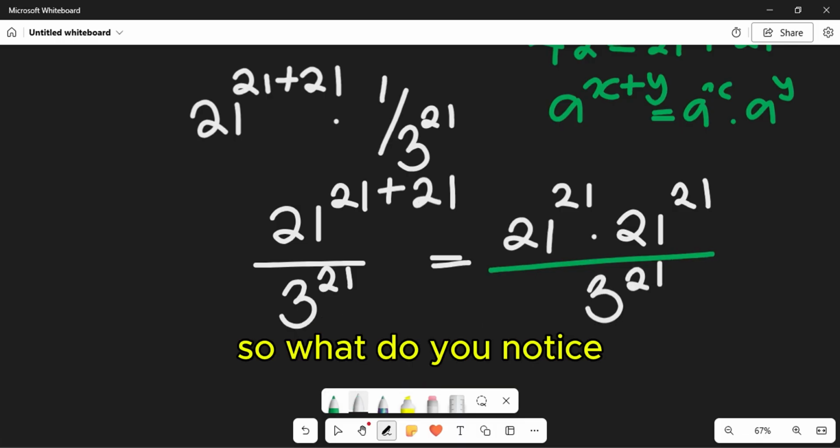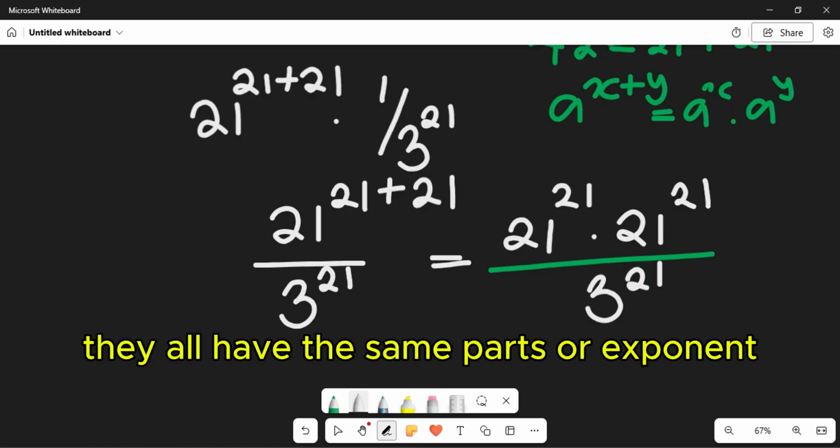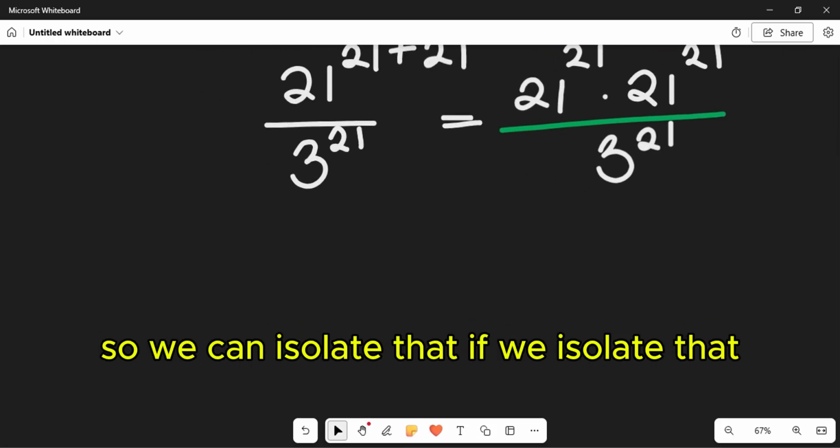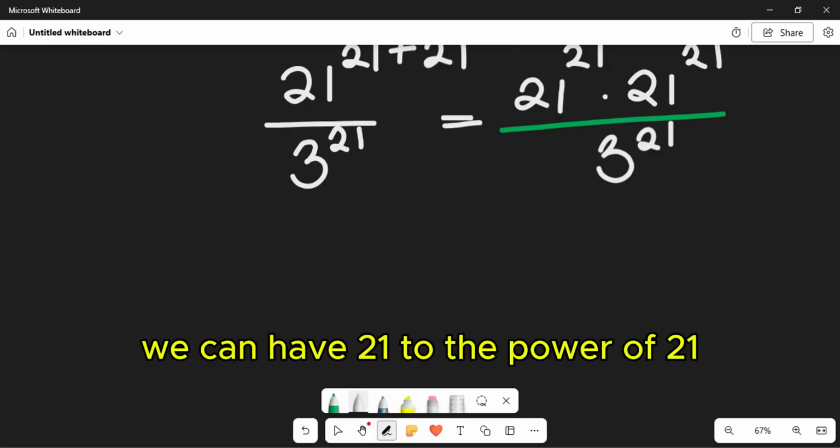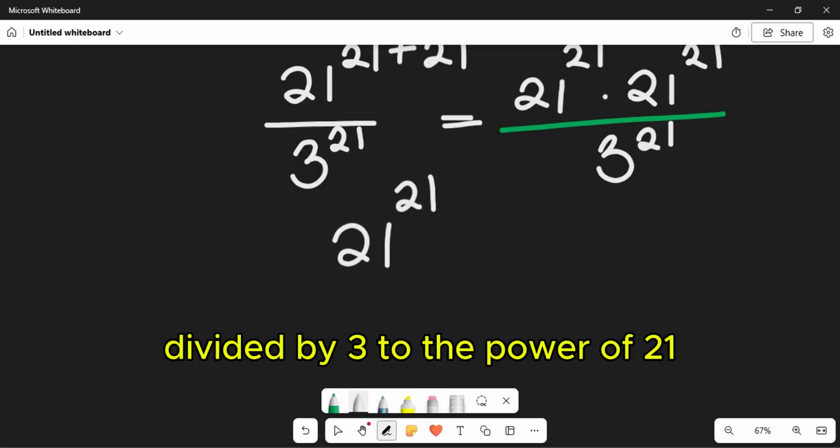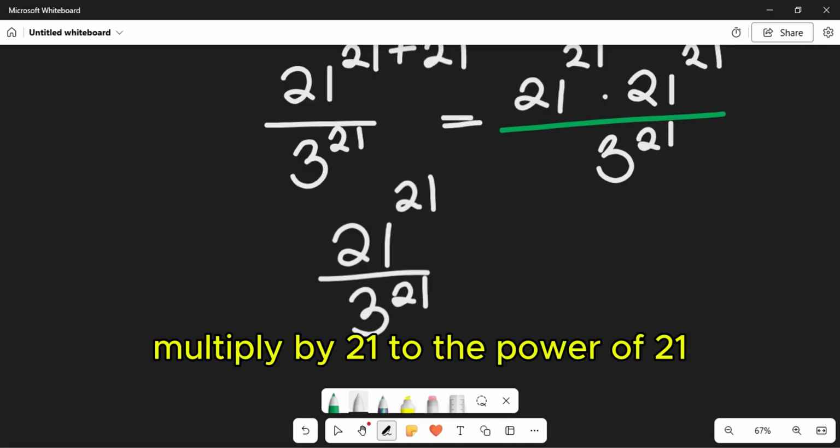So what do you notice? They all have the same power of exponent, so we can isolate that. If we isolate that, we can have 21 to the power of 21 divided by 3 to the power of 21, multiplied by 21 to the power of 21.